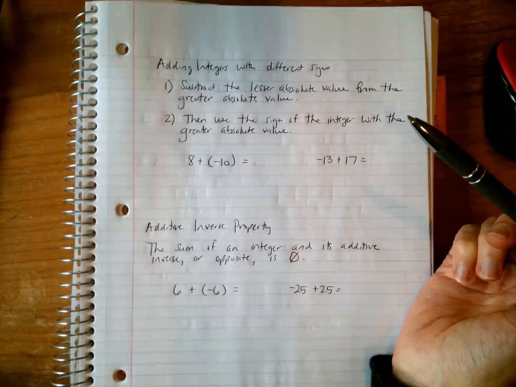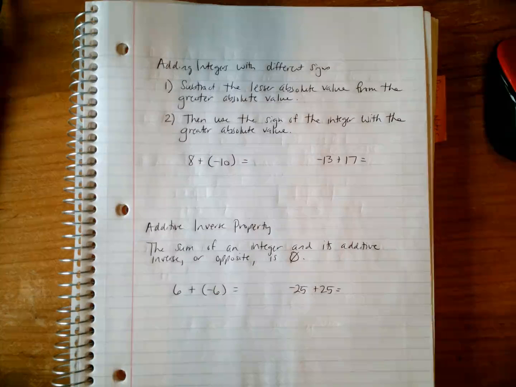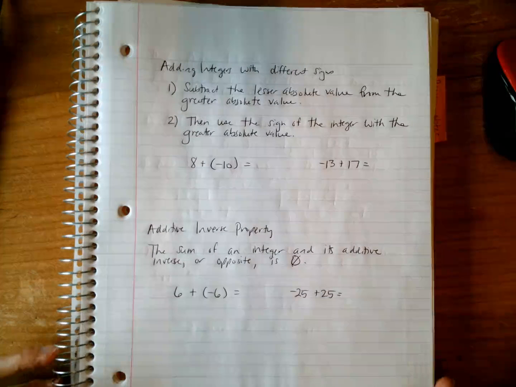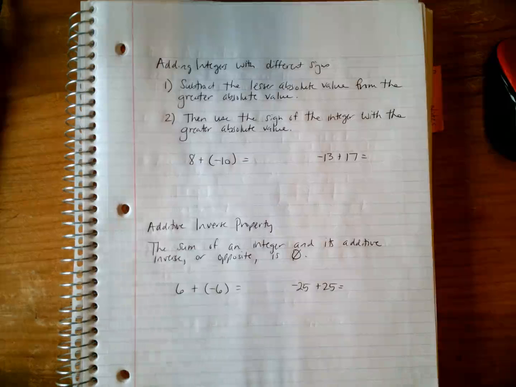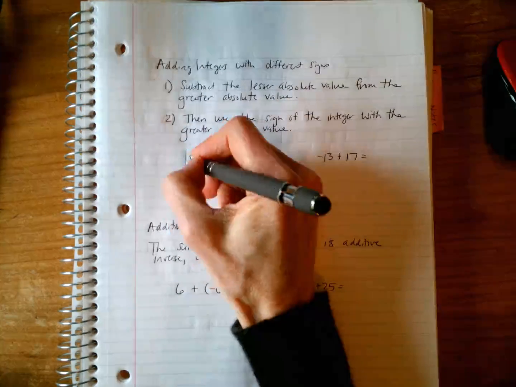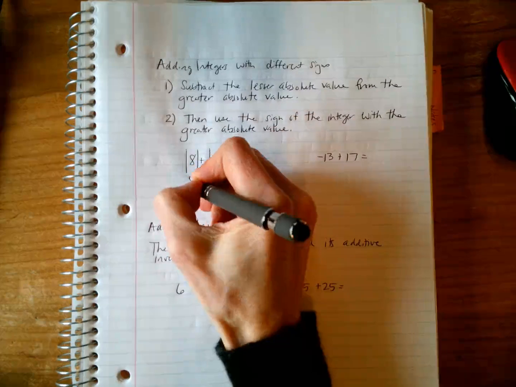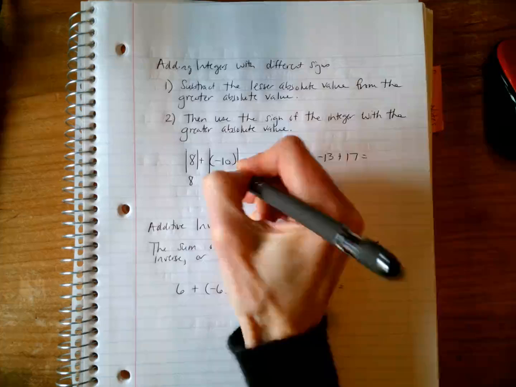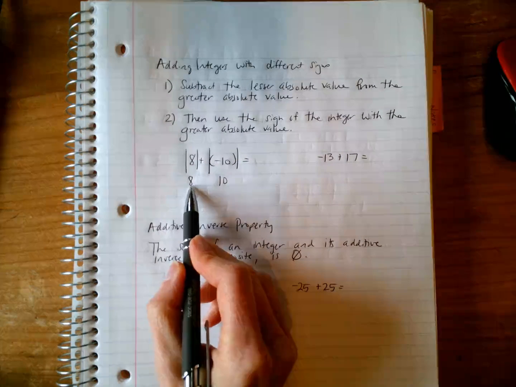Once we've done the subtraction and established what the absolute value is, then we use the sign of the integer with the greater absolute value. So we really need to keep in mind what they were before we turned them into their absolute values to determine if they should have the negative or positive sign applied at the end. So again, we'll have the absolute value of 8 and -10. So we have 8 and 10. I'm going to subtract the lesser absolute value.